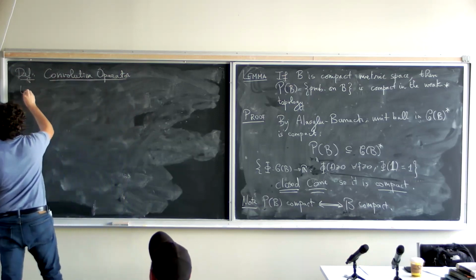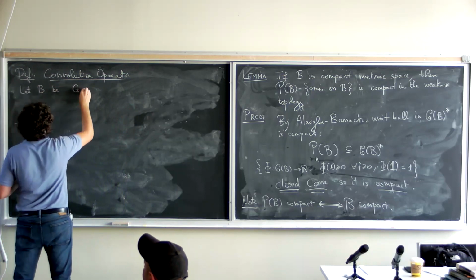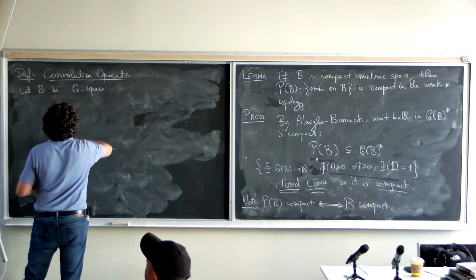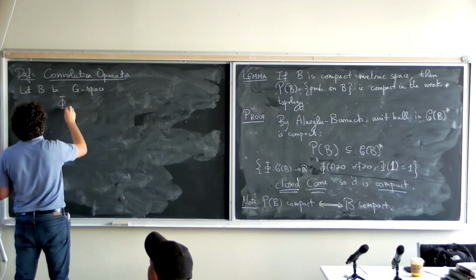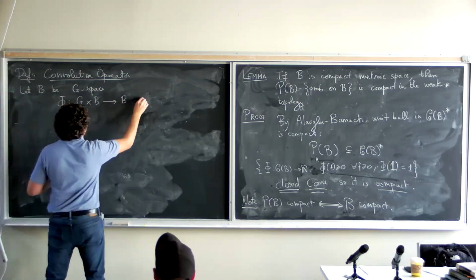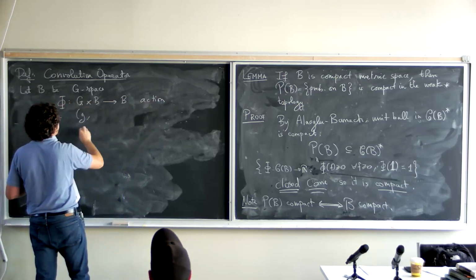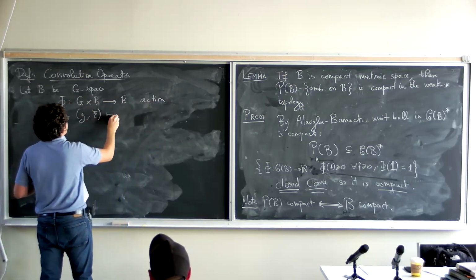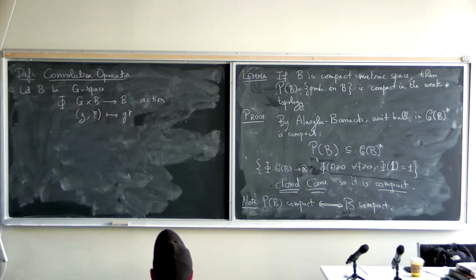So again, let B be a G-space. Then we have the following map from G times B to B. This is the action, which starts from g and boundary point xi and gives you g xi. This is just the action by homeomorphisms.